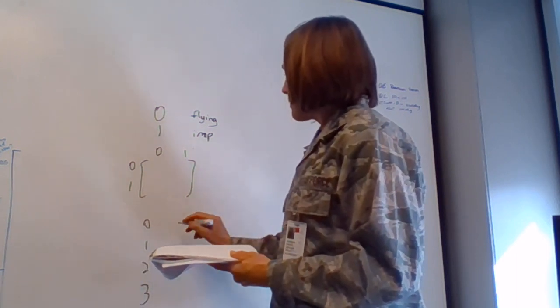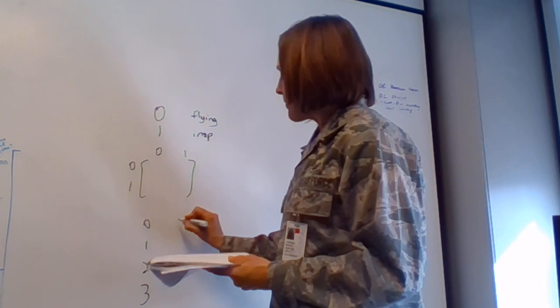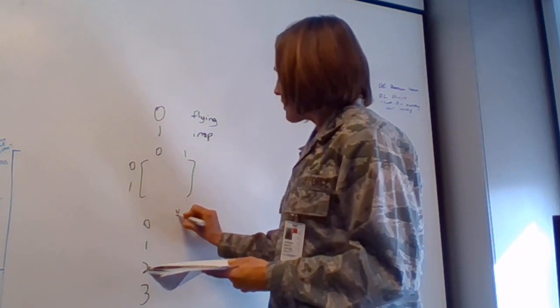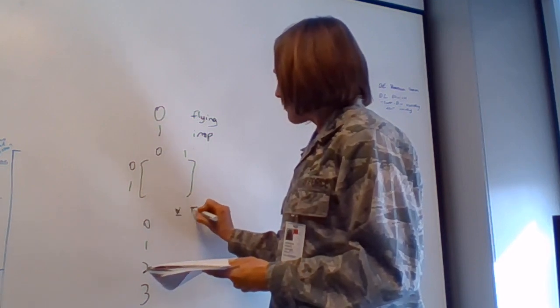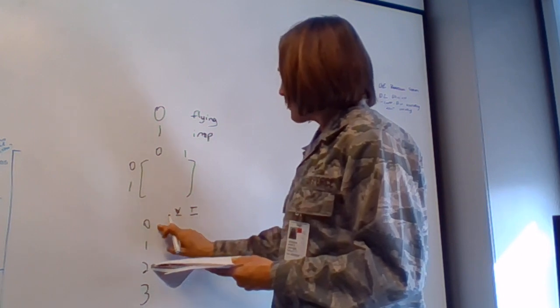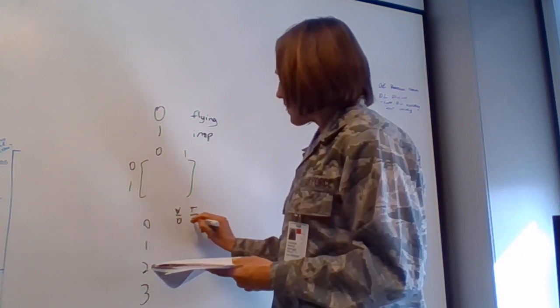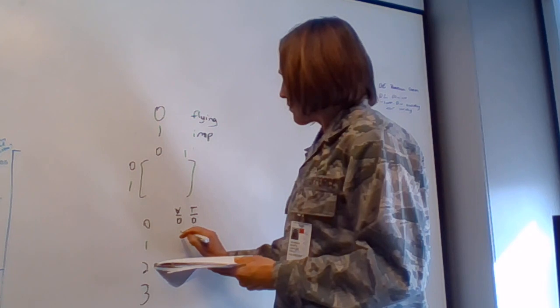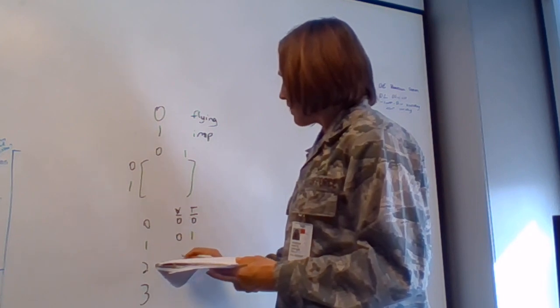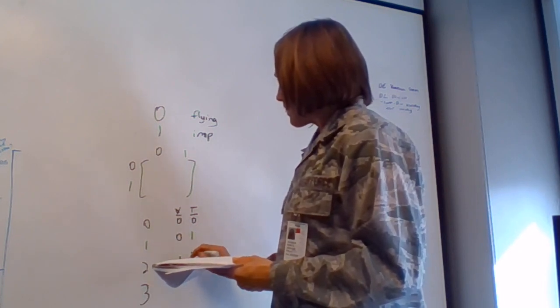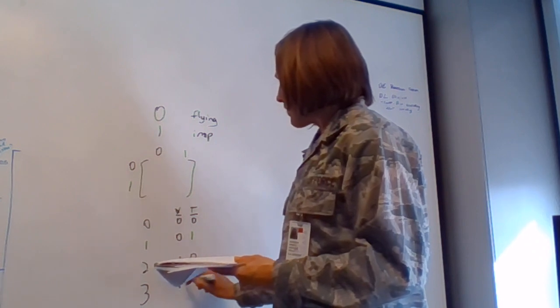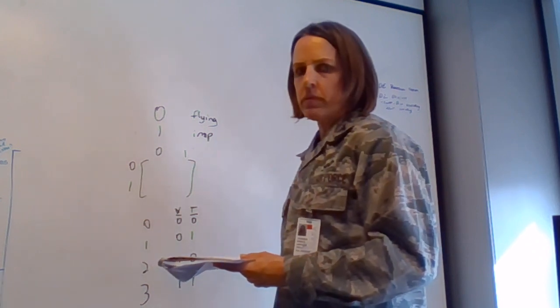State 0 would be yesterday and today. So 0 is if it was flying yesterday, flying today. State 1 is if it was flying yesterday, not today. State 2 is if it was inoperable yesterday, it's flying today, and state 3 is inoperable 2 days in a row.